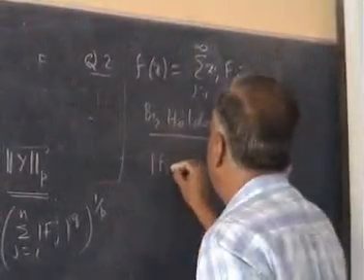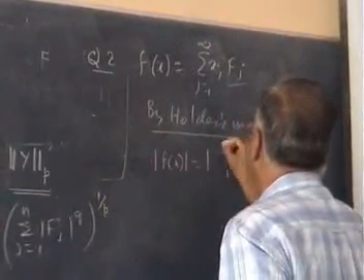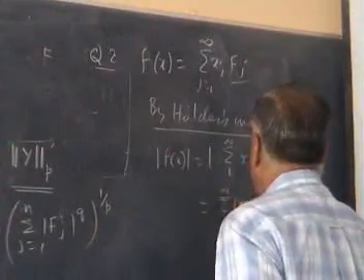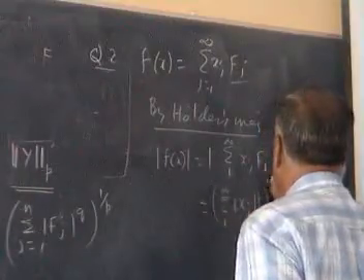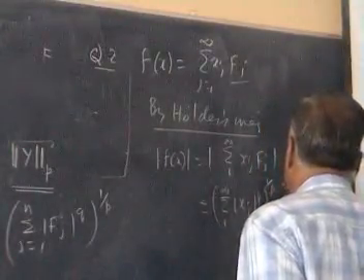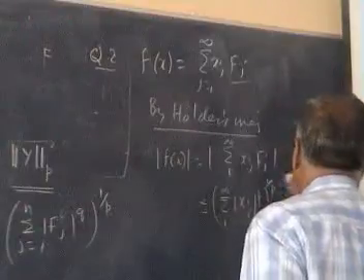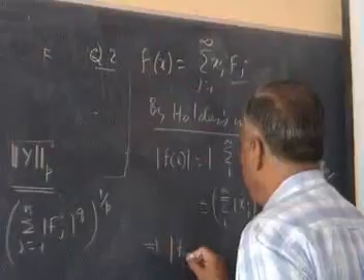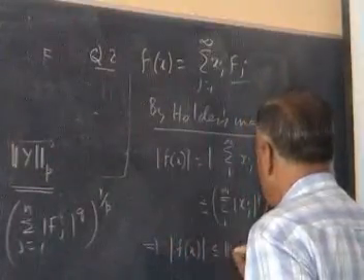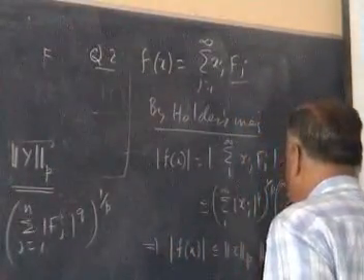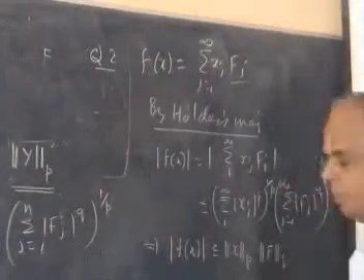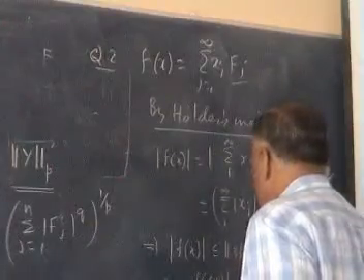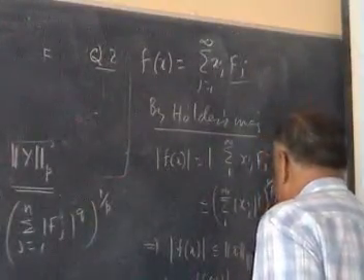So I get mod f(x) equal to mod summation 1 to infinity x_j f_j, which is less than or equal to summation 1 to infinity mod x_j to the power of p, to the power of 1 over p, summation j equal to 1 to infinity mod f_j to the q, to the power of 1 over q, which says mod f(x) is less than or equal to norm of x_p times norm of F_q.